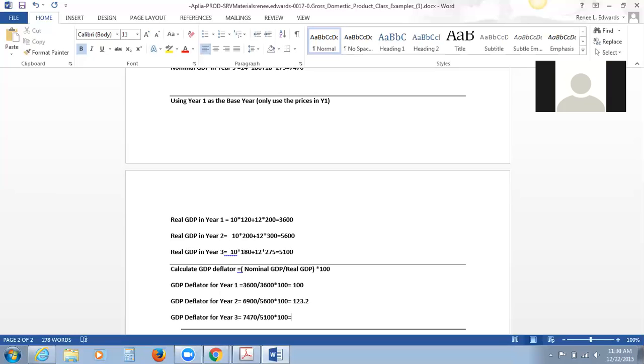Let me get my calculator out again. 7470 divided by 5100 times 100 is going to give me 146.47. Right? These are all indices. Indices are just where you are dividing something.